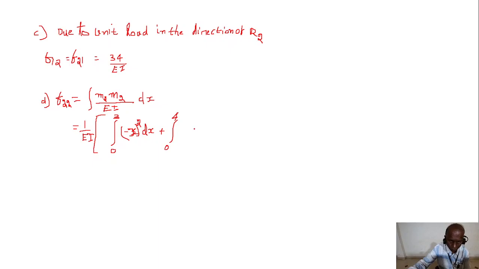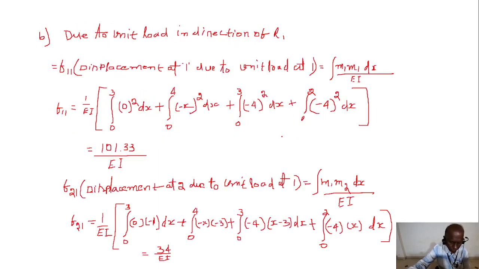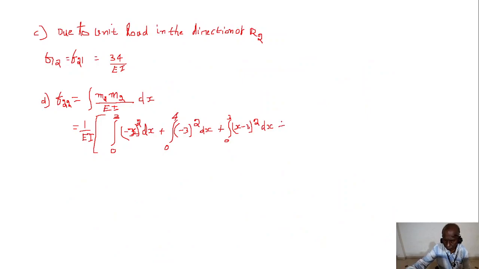Next segment 0 to 4, minus 3, the whole square dx, plus 0 to 3 integration x minus 3 whole square dx, plus integration 0 to 2, so M2 is x, so x square dx.